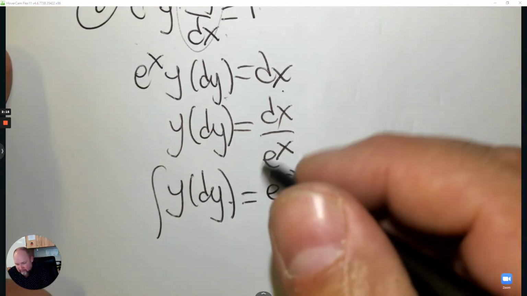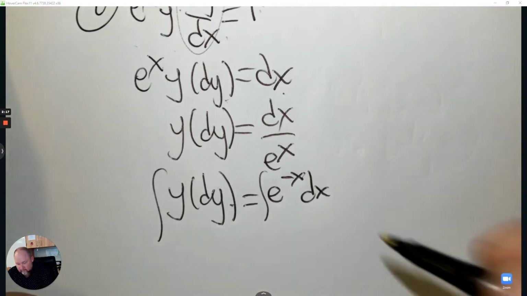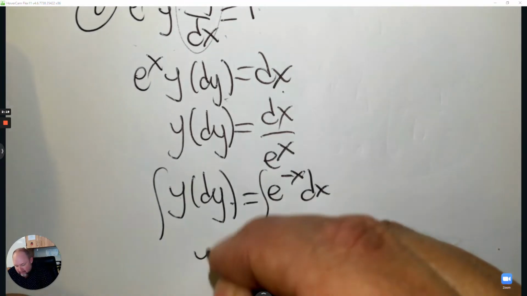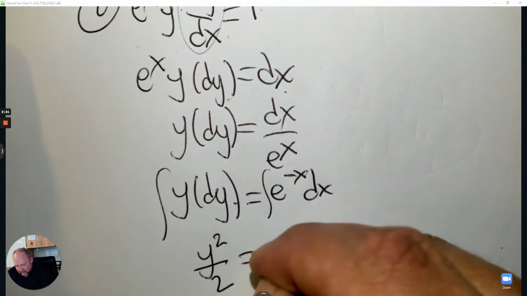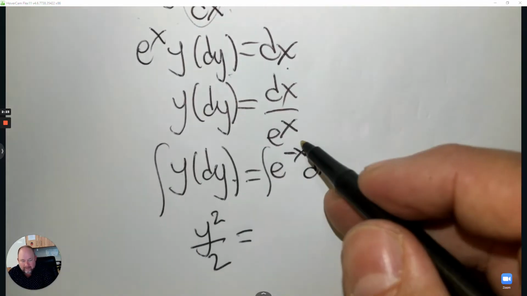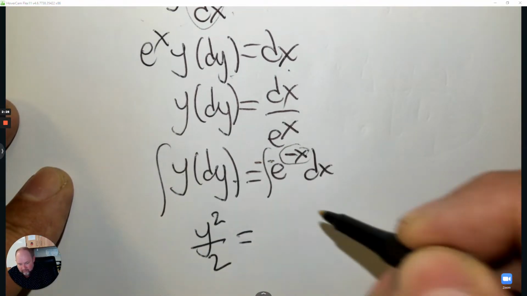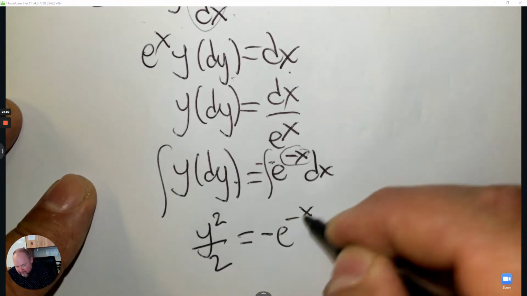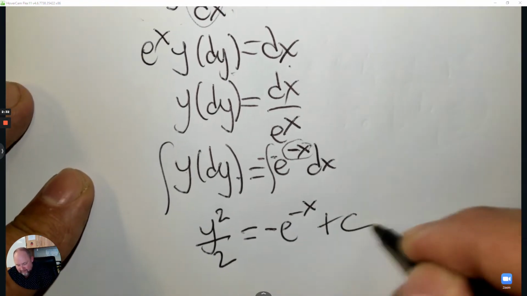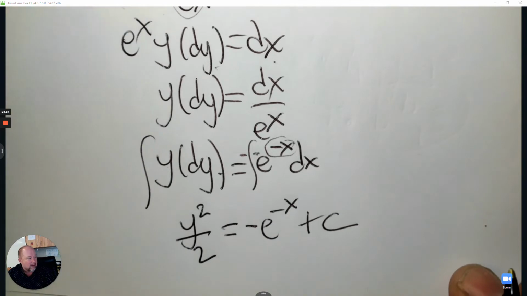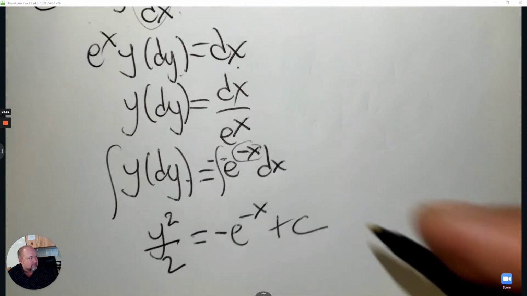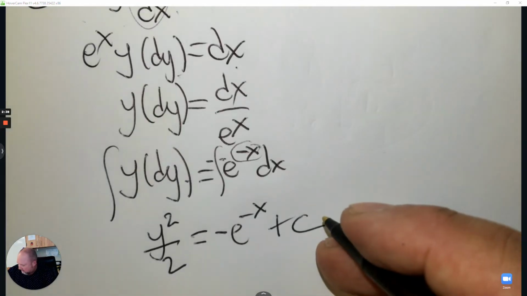So now I'm going to integrate both sides. The integration of y is y squared divided by 2. The integration of e to the negative x, well, the hook is negative 1, so I need a negative in front. Other than that, it's negative and copy. And then plus c. To get y by itself, do we have a point for number 2?